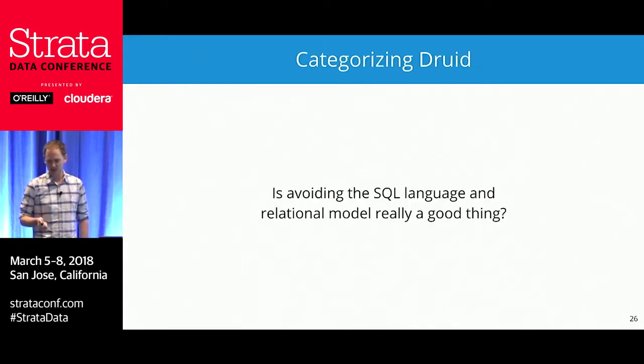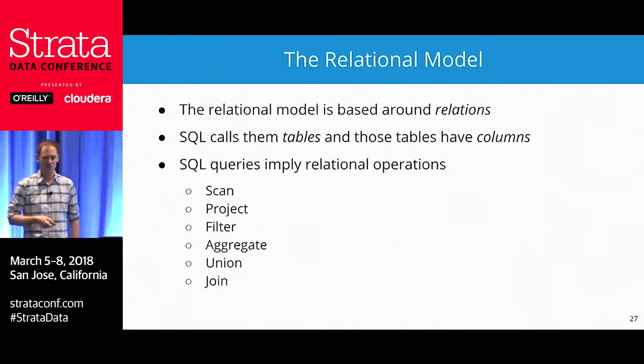Well, let's look at what the relational model is. The relational model is, well, as the name suggests, based around relations. SQL calls them tables, and those tables have columns. And SQL queries suggest relational operations on the data. So relational operations are things like scan, where we're scanning a table. Project, where we're taking some columns out of the table.